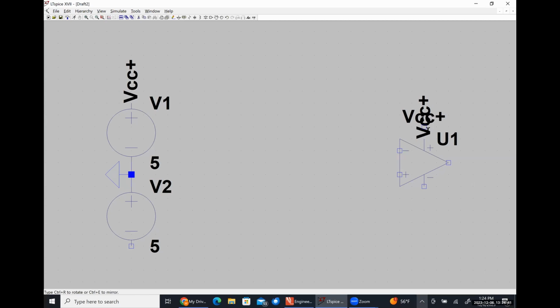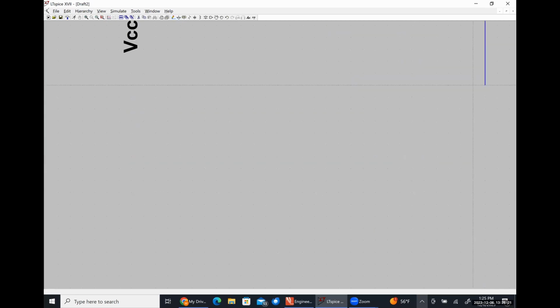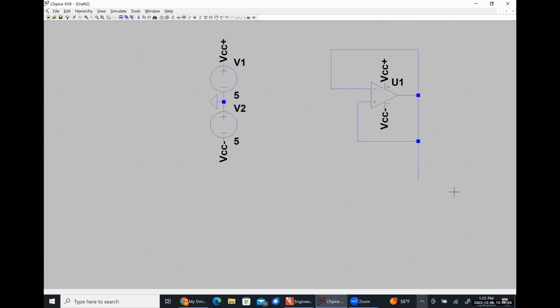VCC plus goes here. VCC minus will go down here.